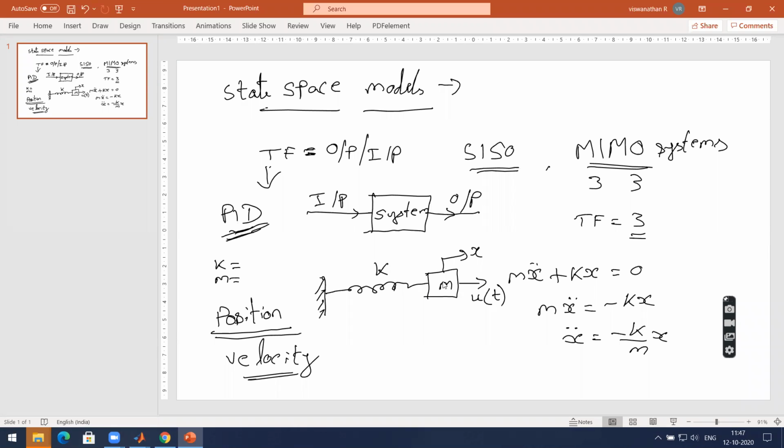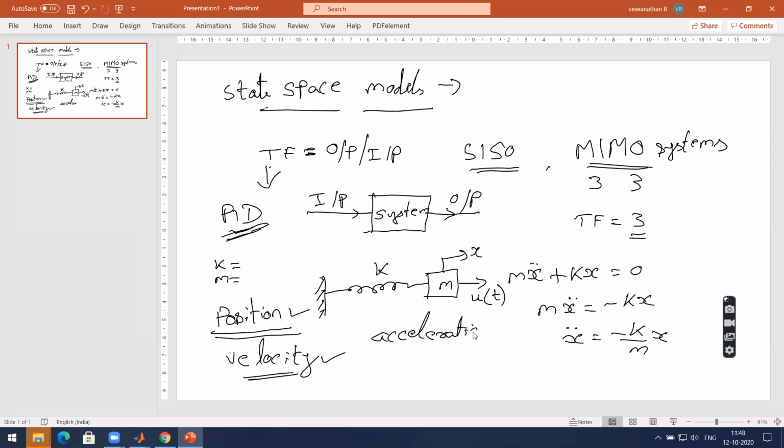Yes, suppose there is an initial velocity. If it is initially moving, then you need to know velocity. Imagine it's not starting from the equilibrium position, and there is some initial velocity, the mass is moving. So you need to know the velocity and position. But do you need to know the acceleration?